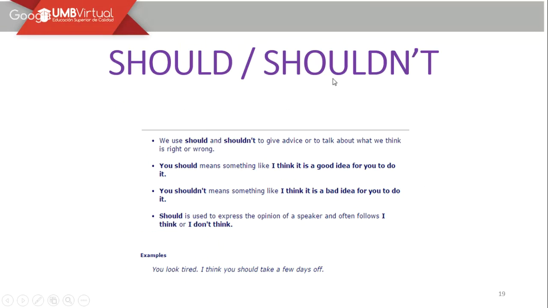Recordemos que el should or shouldn't lo utilizamos para hablar de consejos. Cuando nosotros damos un consejo acerca de lo que pensamos que es correcto o incorrecto, vamos a utilizar este verbo modal. Acá diríamos, tú deberías.